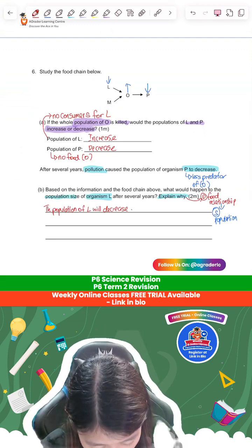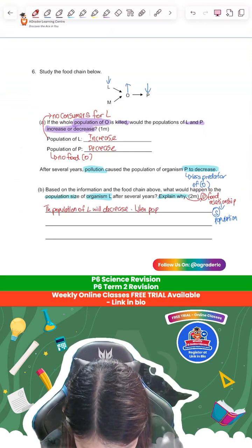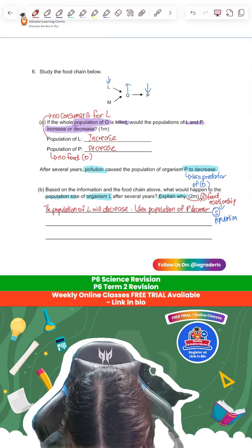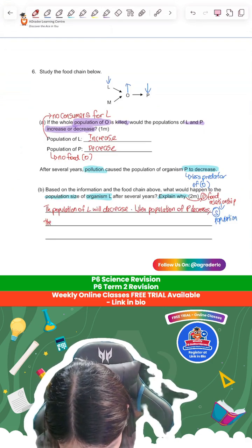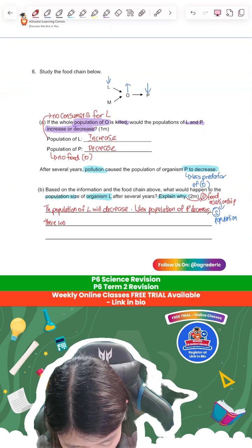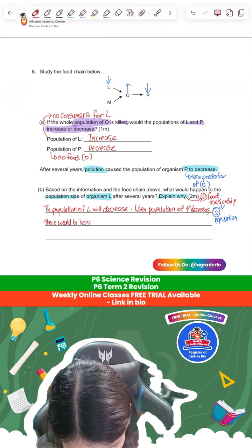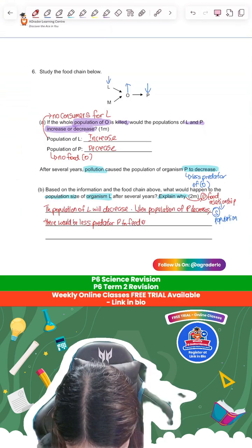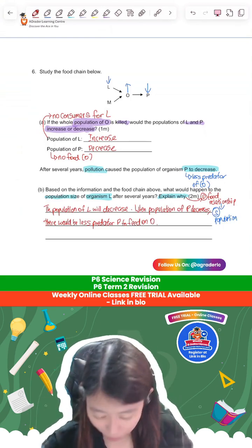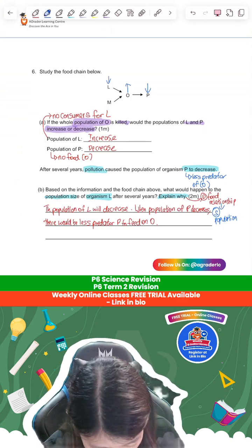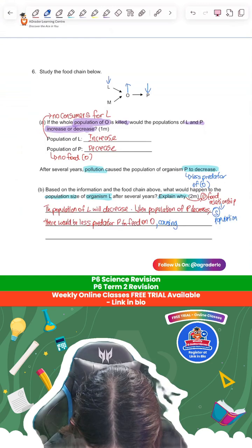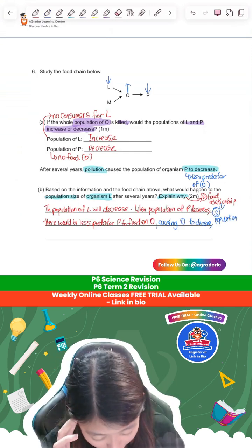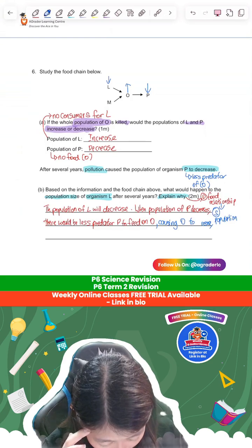You can say that when the population of P decreases, there would be less predator P to feed on O. This is the food relationship. Causing O to increase. Let me put the full stop first.